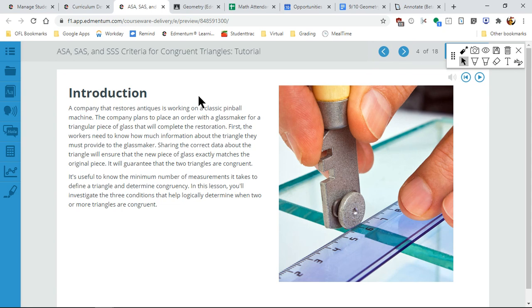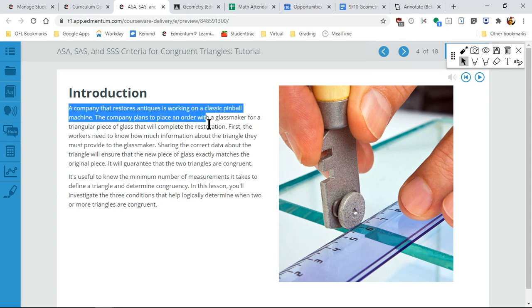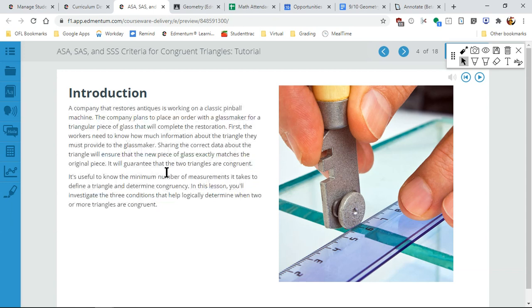So if you ever want to know how we're using this in real life, always read the introductions, they're really useful. This one's talking about a glass maker in a pinball machine and how he wants to make it congruent. Obviously, if you're making the same pinball machine over and over again, you really want to make sure it's congruent, especially in the restoration job. So always read these. These are interesting.